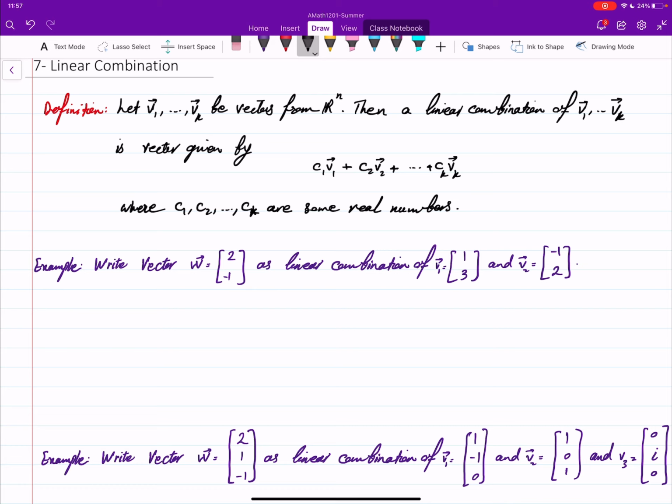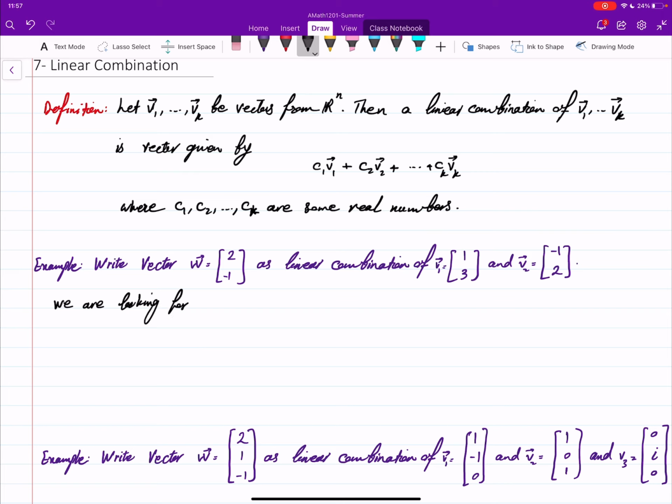Let's do some examples. Here we have vector w, 2 and negative 1, and the question asks to write this as a linear combination of v1 and v2. So basically what we are looking for are two constants, c1 and c2, such that w is c1 v1 plus c2 v2.